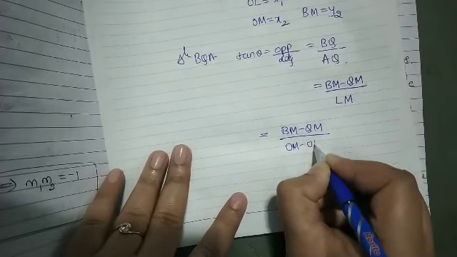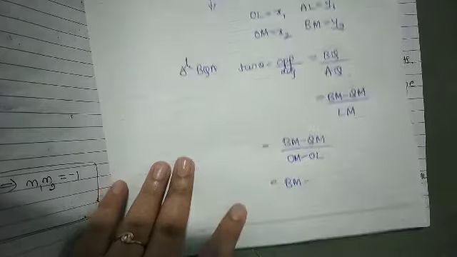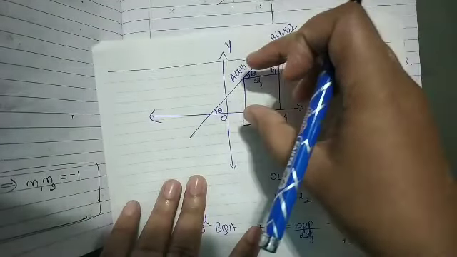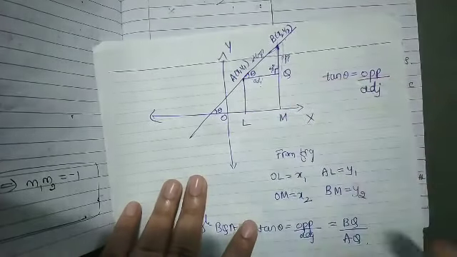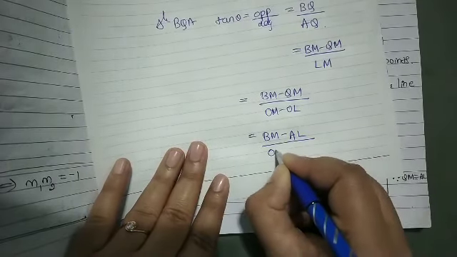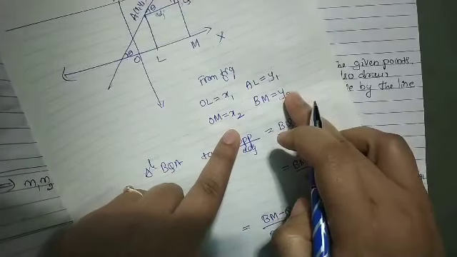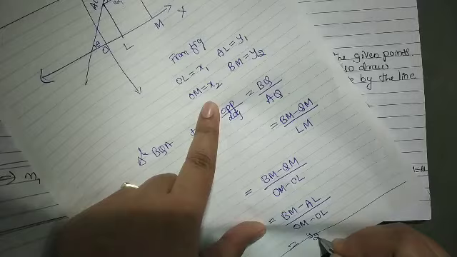So this is equal to BM minus QM, where distance QM is the same as distance AL, divided by OM minus OL. What is distance BM? That is y2.